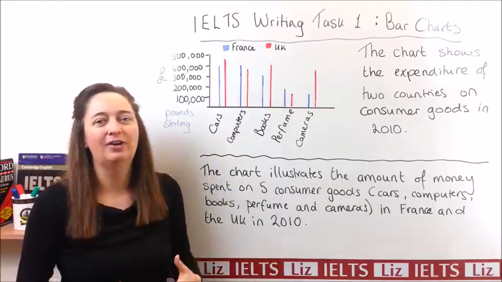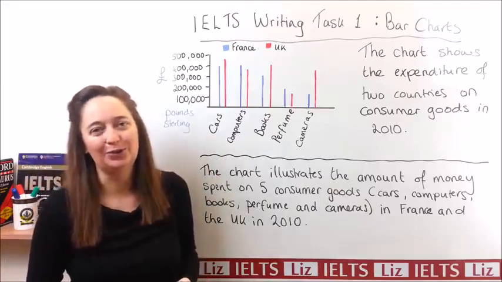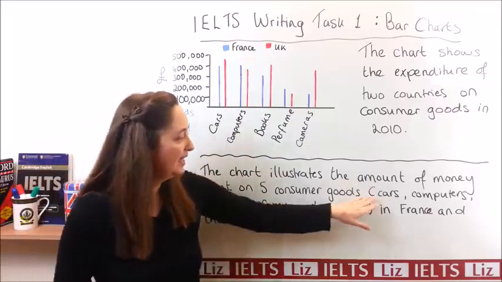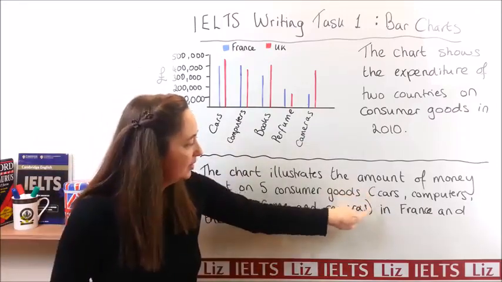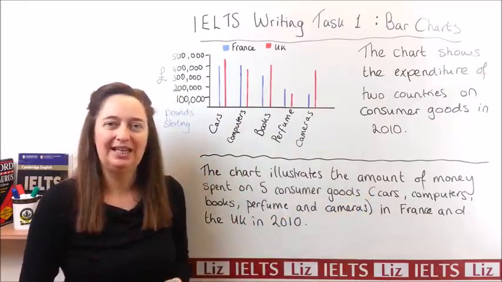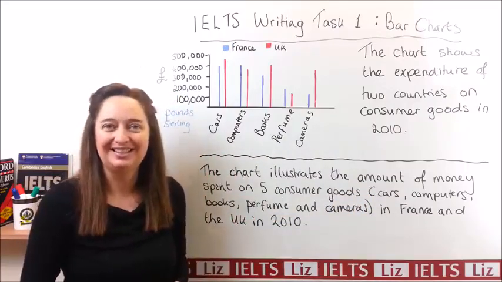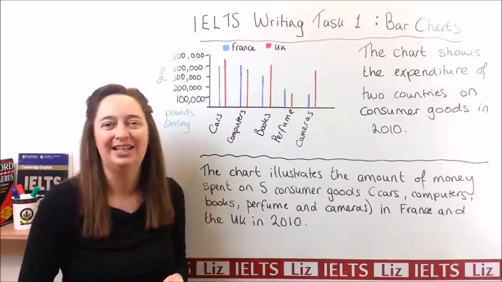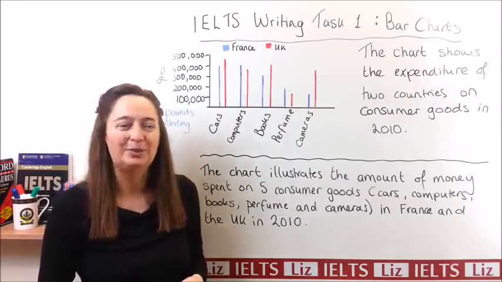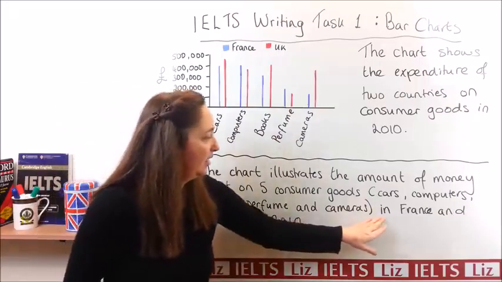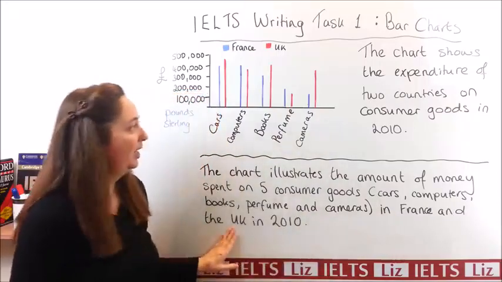If it is over 8, maybe you don't want to do that and you just give the number. But here I've given the list and I have used brackets. And brackets are very useful in academic writing task 1 so that you can put data or information in them. Perfectly normal to use. So we've got the list and then I say in France and the UK.